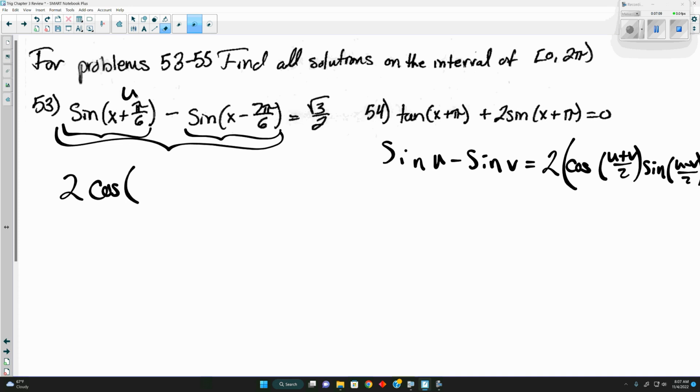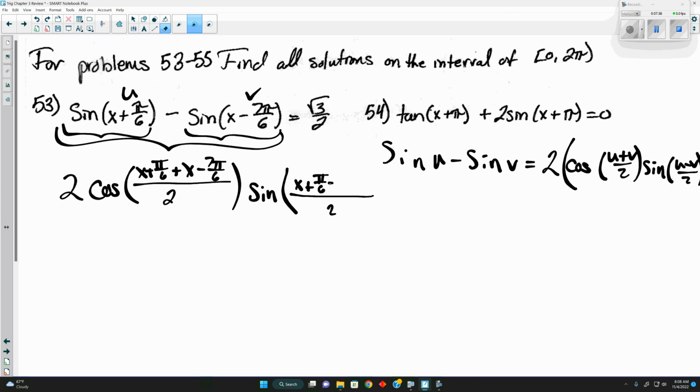So this is u, this is v. So we're going to say x plus pi over 6 plus x minus 7 pi over 6, times sine of x plus pi over 6 minus x minus 7 pi over 6, is equal to the square root of 3 over 2.